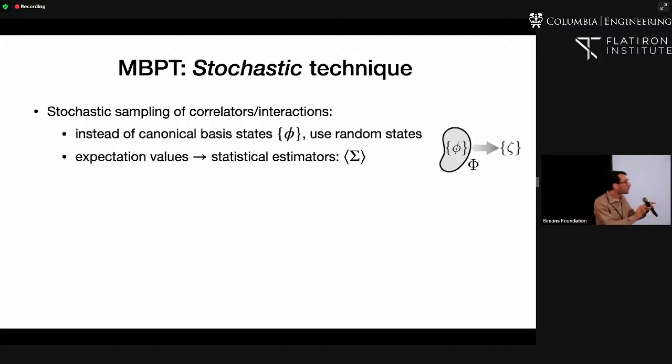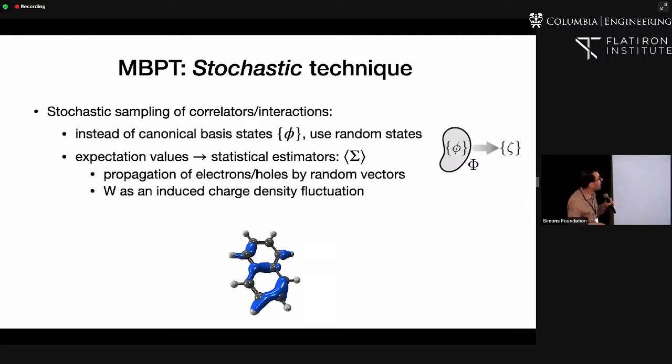It's known from the spectrum of H0, this non-interacting Hamiltonian. And then we use random states that span the entire subspace. We can filter those that are in the occupied subspace and those that are in the unoccupied subspace, propagate them backward and forward in time, and start to get information about propagation of particles and holes. And how does it work?